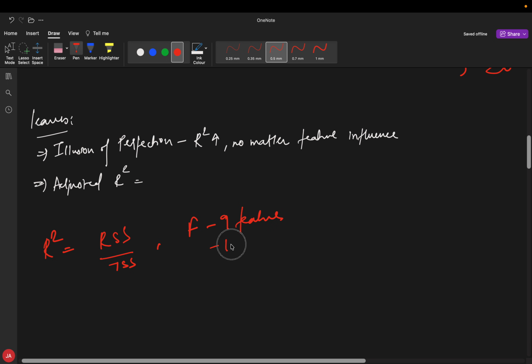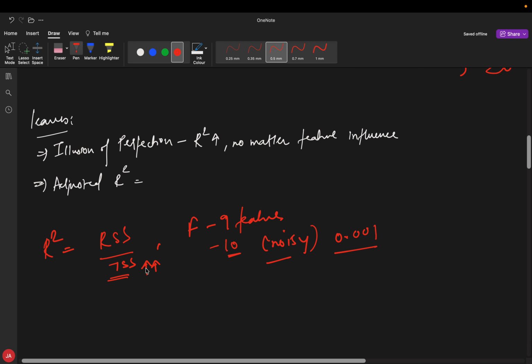If I add another feature, a noisy feature which has no correlation with my target variable and adds no value in predicting the target, let's say the correlation is very weak, 0.001 with the target variable. If I include this feature in my model predictions, what happens is my total sum of squares will spike.